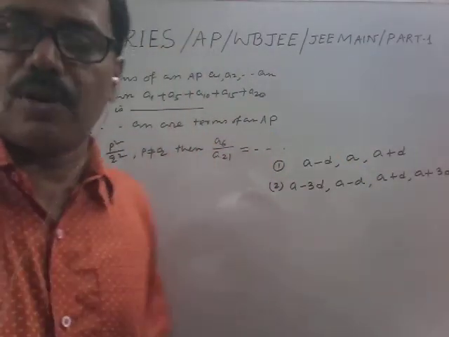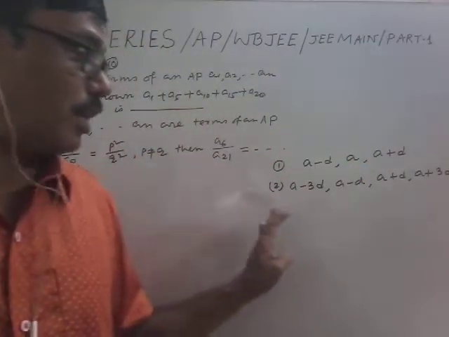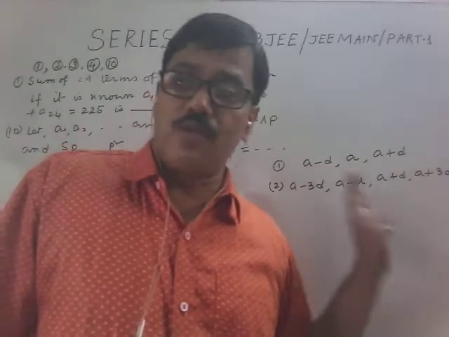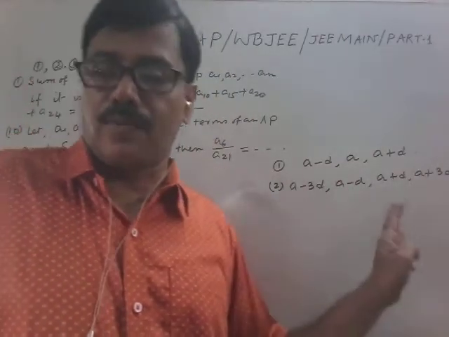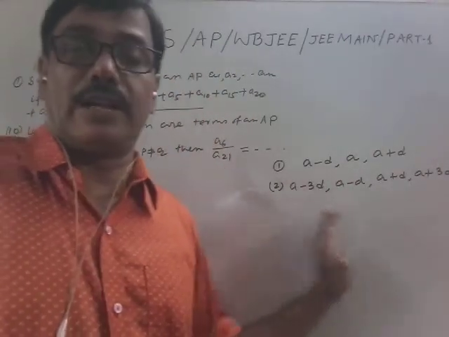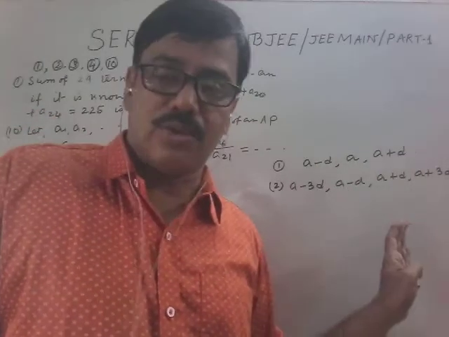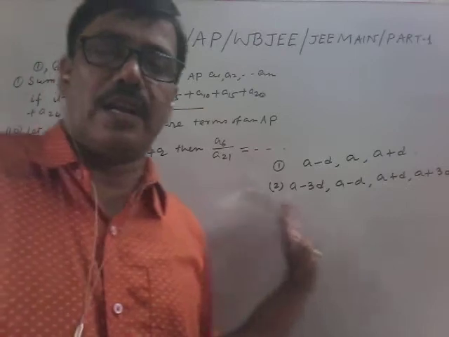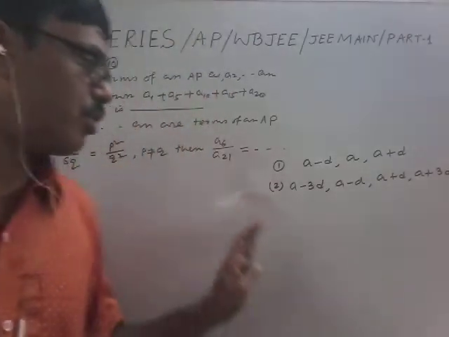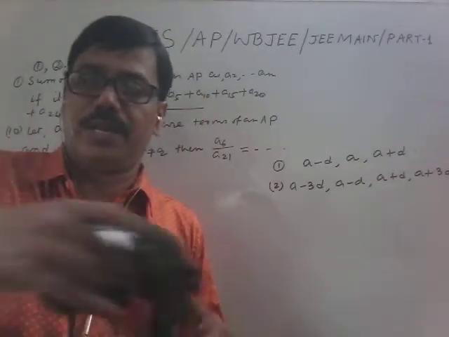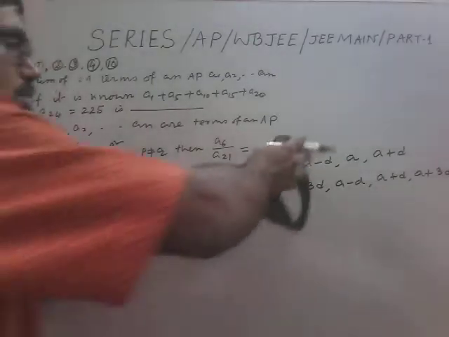Similarly for 5 terms you can take. If the sum of the terms is given, we get the advantage, because when we take the sum, these cancel out and we get directly a. So these are the basic concepts of AM.